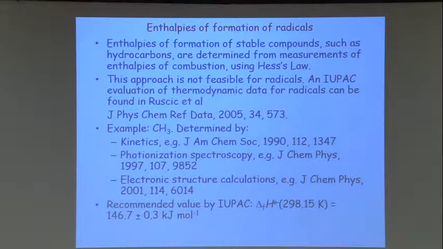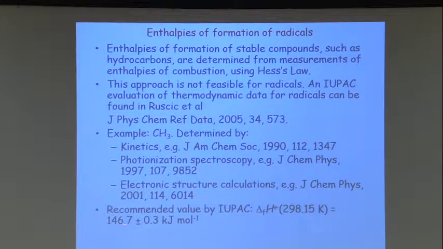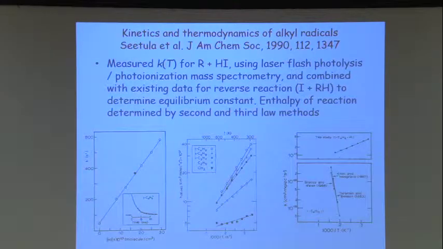An example is methyl, and you can use kinetics, photoionization spectroscopy, or electronic structure calculations. The recommended value by IUPAC is that, with an uncertainty of 0.3 kilojoules per mole. Pretty accurate. But how have those been determined?